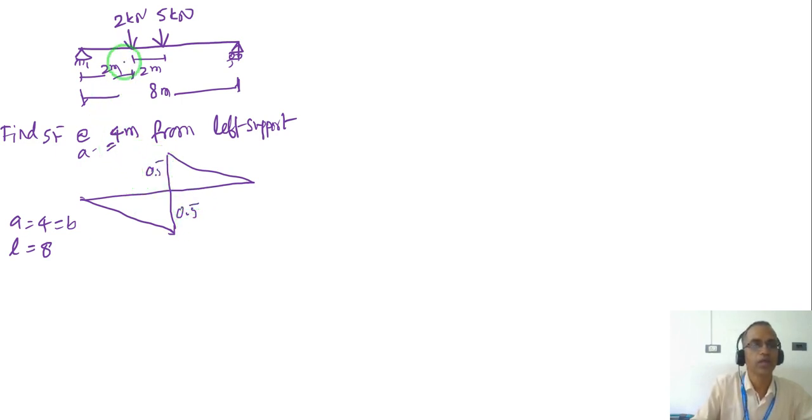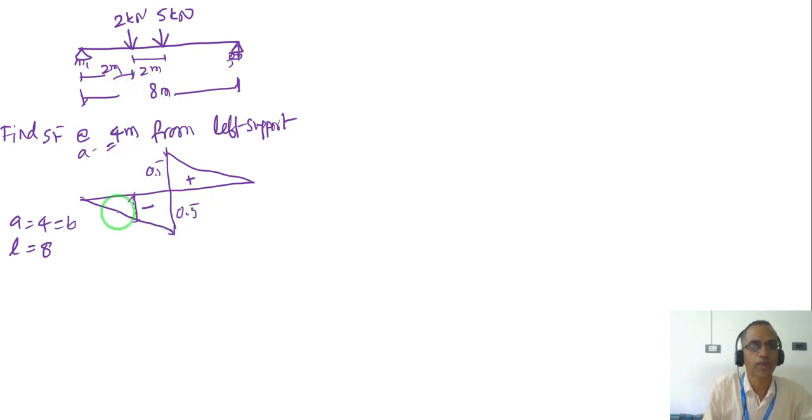Now simply you transfer the load, so this is minus, this is plus. Transfer this load, which is 2 meter from here, somewhere here, and another load is here. This will have 0 influence, because at that point the shear force will be nullified. So only this ordinate multiplied by 2 kilonewton, right?